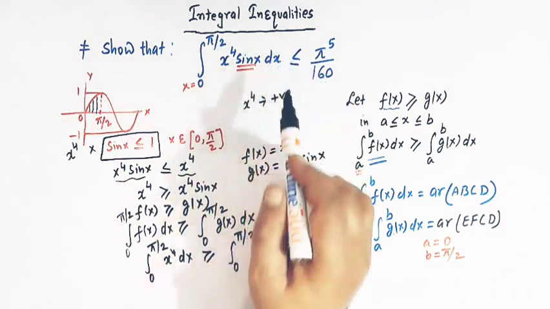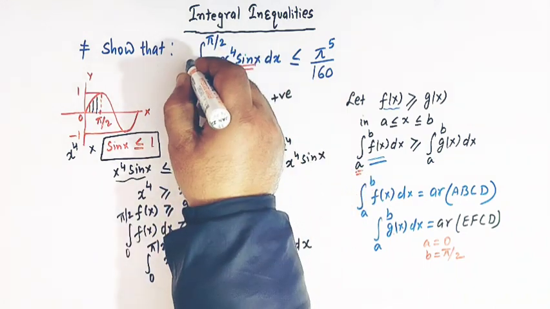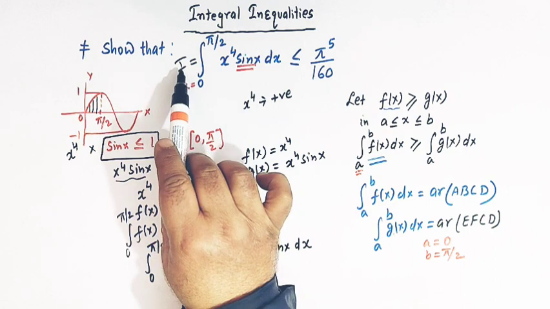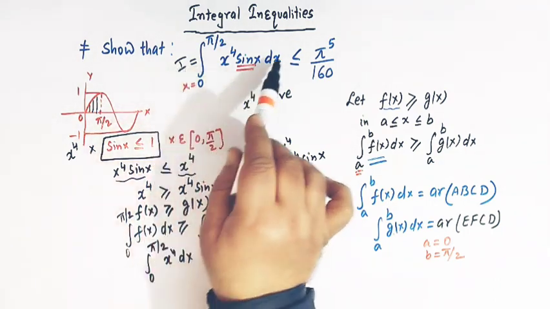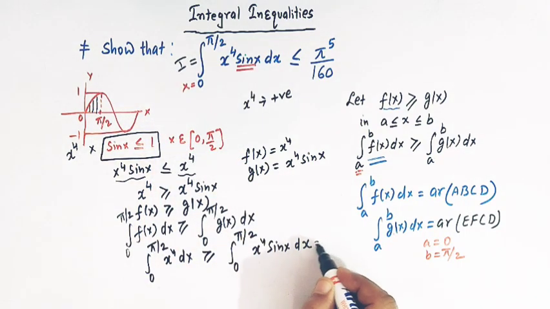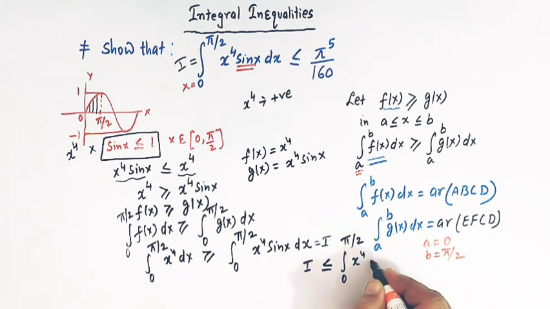So let us denote this integral as I, just for simplicity. So now we have this inequality, that is I is less than or equal to 0 to pi by 2 x raised to 4 dx.